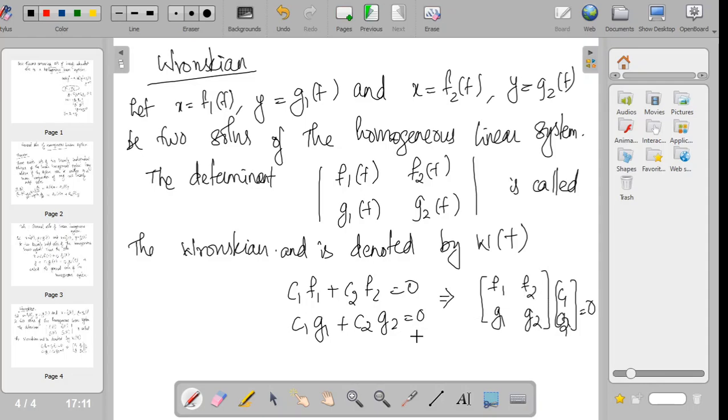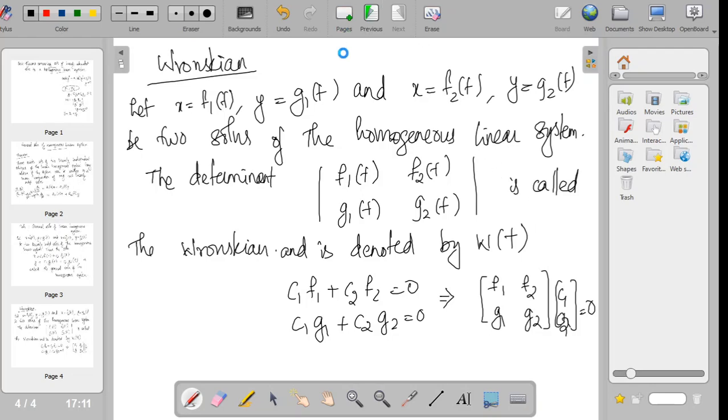So for c1 c2 to be equal to 0, this determinant has to be non-zero. So when the Wronskian is non-zero, that gives us linearly independent solutions, and this will have a non-zero solution when the determinant is actually equal to 0. That comes by the property of matrices. So this will give us the condition for linear independence and dependence using the Wronskian.